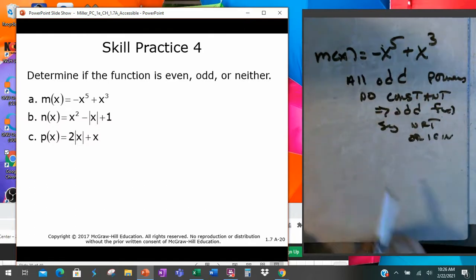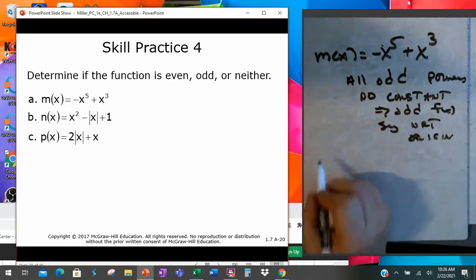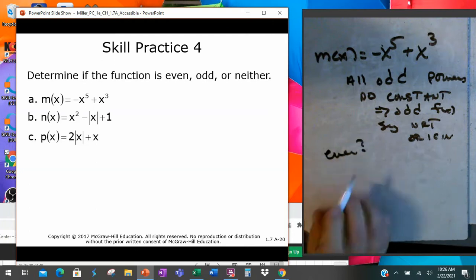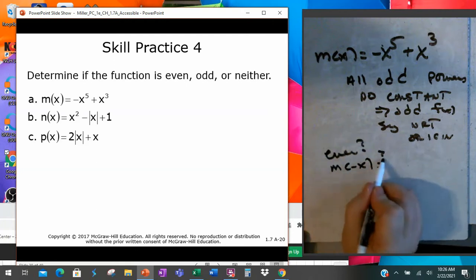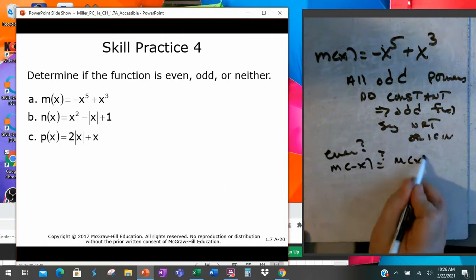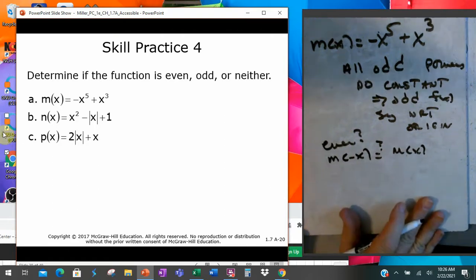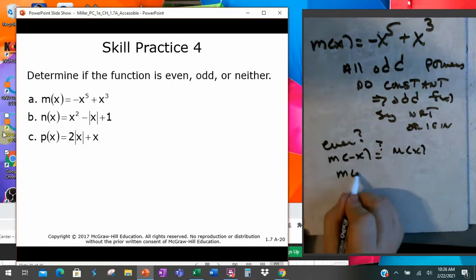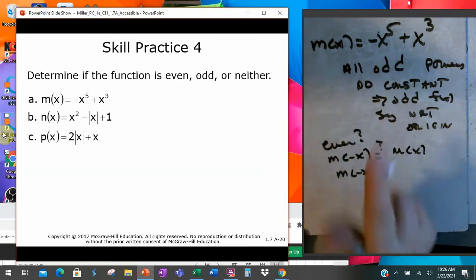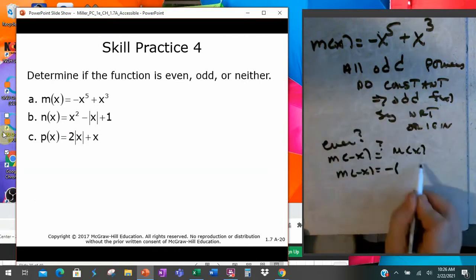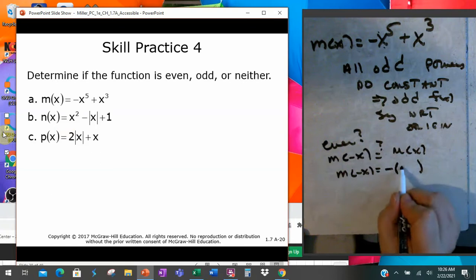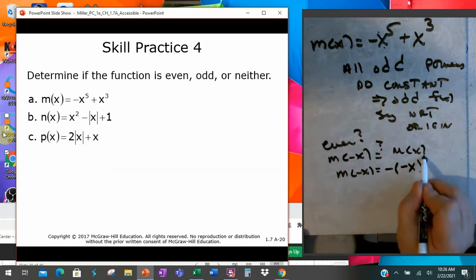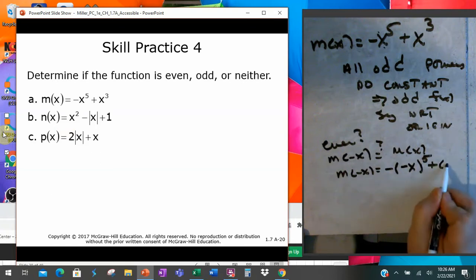Okay. Now if I do the formal analysis, I'm going to say even: f of -x, does that equal the same thing? That's the even test. So I'm going to go m of -x. I'm not going to rewrite this, I'm just going to put this in here. Equals negative, where this x is, I put parentheses and now I put a -x in here, raise it to the same power, plus parentheses.